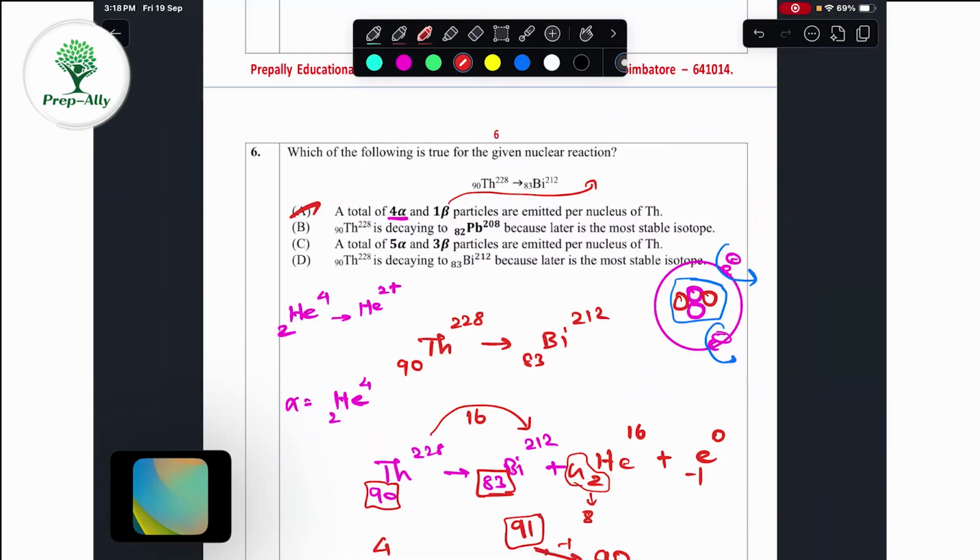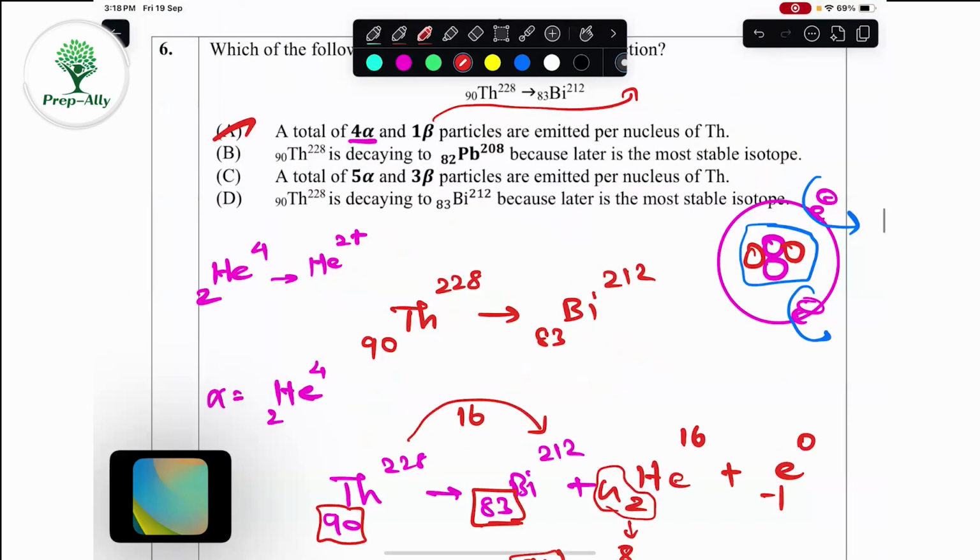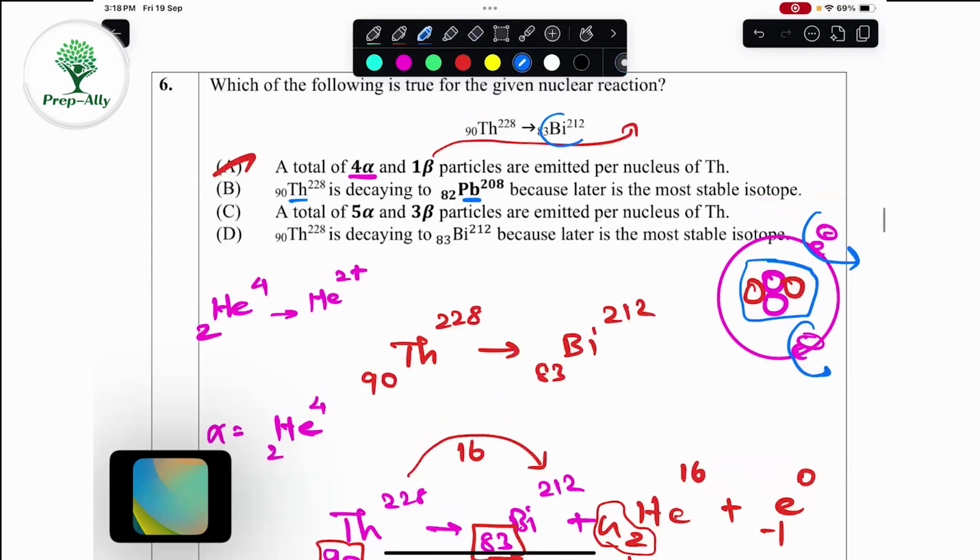Let's go through the other options also. In the second option, it is given that thorium is decaying to Pb. No, it is decaying to Ba. So I can directly say this is wrong because 'later' is the most stable isotope. 'Later' means we are referring to Pb here.